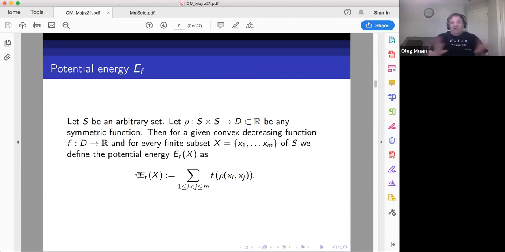Okay, today I'm going to consider minimum discrete energy and how we can use this for minimum energy. The idea is the following. Let us consider a very general case.